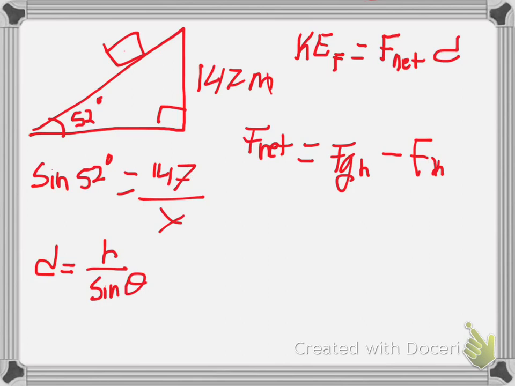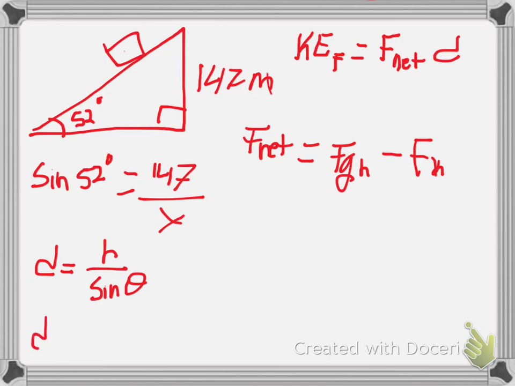All right, so now we have our basic setup and we can move into more of the nitty-gritty. If we solve for the displacement, what do we wind up with as our number value?